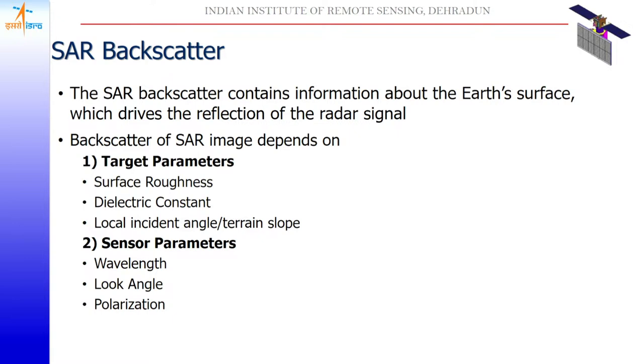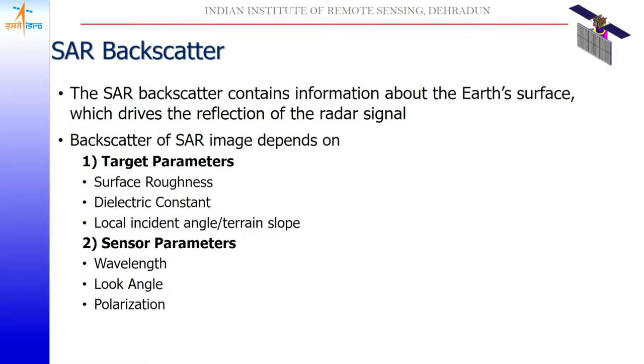And second, what is the sensor parameter? We are sending some electromagnetic radiation, so at which wavelength are we sending it, because I have already told you SAR can image in C band, X band, L band. So at which frequency or wavelength are we sending the signal. And second is the look angle, which is the direction or angle at which we send the SAR signal. If the look angle is low or high, it also affects the backscatter.